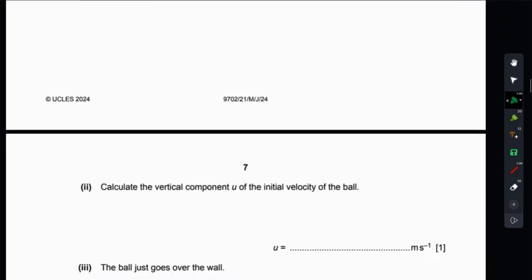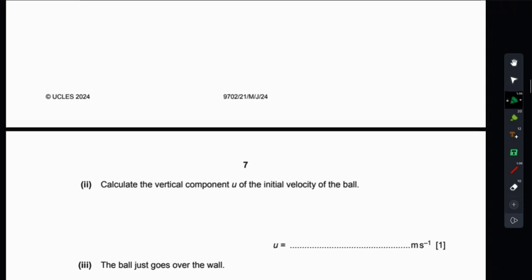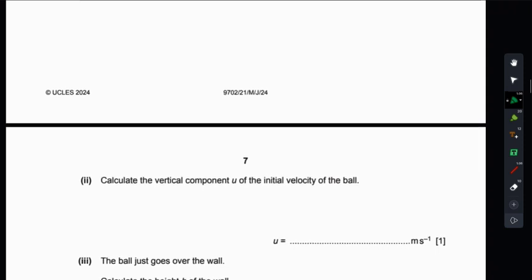Calculate the vertical component of the initial velocity of the ball. Remember, the vertical component we call u_y. u_y is equal to u sine theta, so this will be 22 sine 40 degrees.